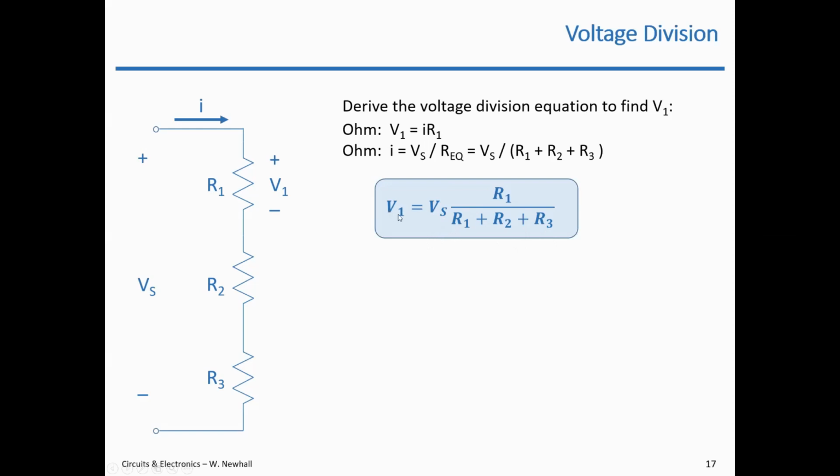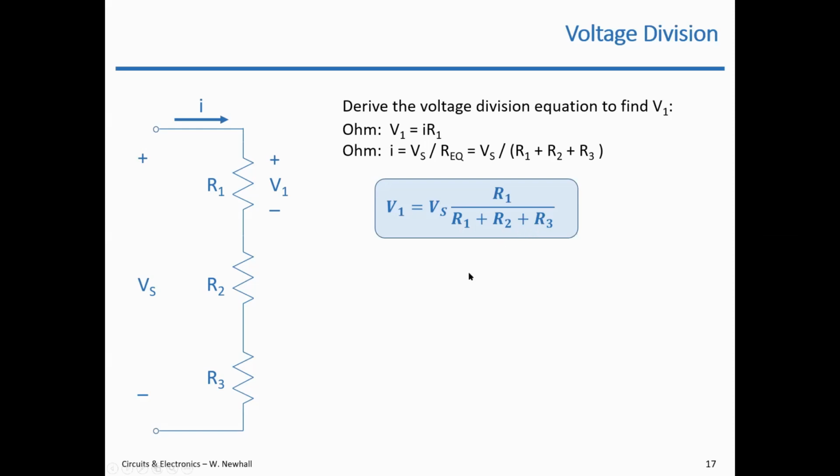The voltage across V1 is equal to the voltage across the whole series set, that's its Vs, times the ratio of, on top, the resistance across which you're trying to find the voltage, divided by the sum. So that's why R1 goes up here, and then all of the resistors go in the denominator as a sum.